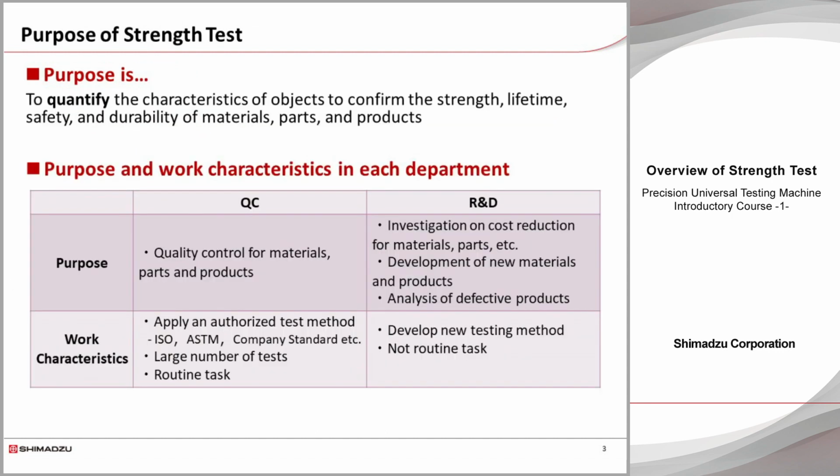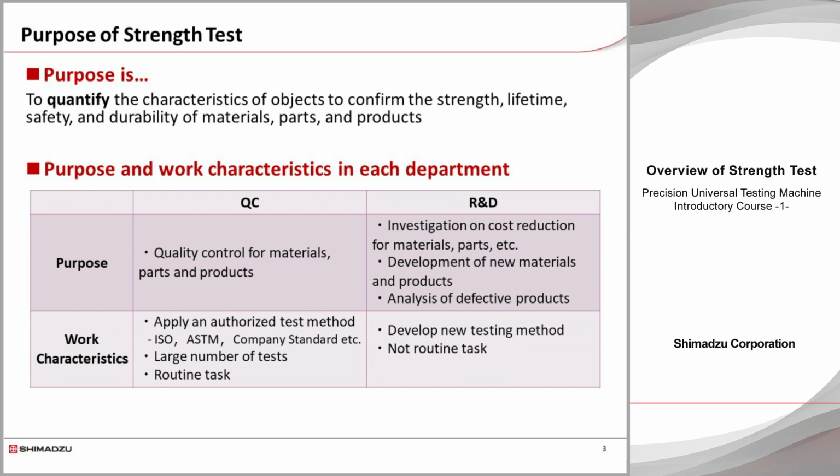The purpose of a strength test is to determine the characteristics of an object to confirm the strength, lifetime, safety, and durability of materials, parts, and products. The purpose and working characteristics of a strength test depend on each department. For example, the Quality Control Department conducts strength tests to ensure the quality of materials, parts, and products.